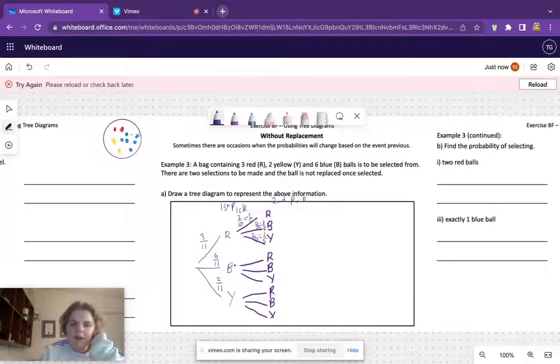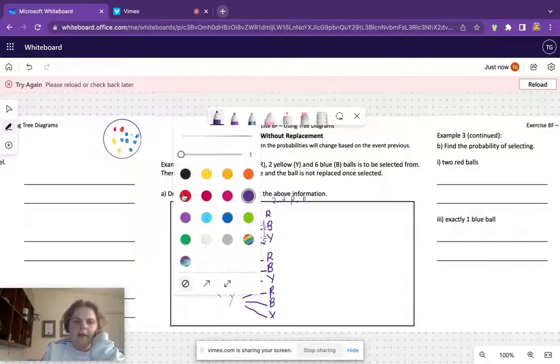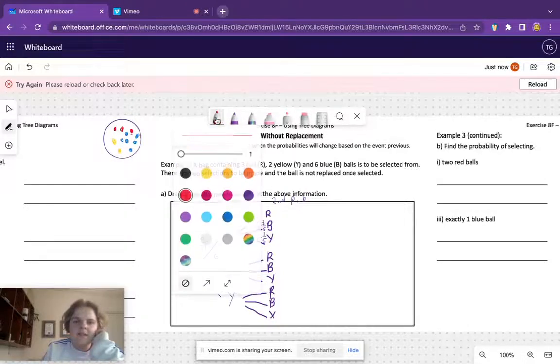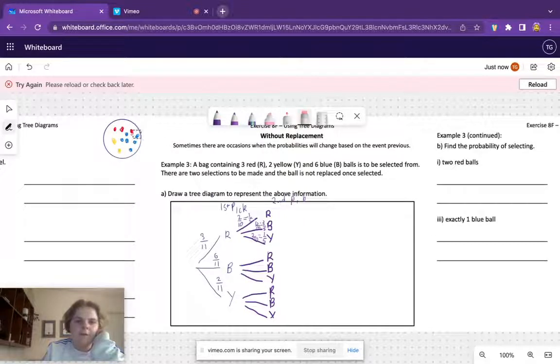Let's keep going. Now we'll go to our second branch. So we'll put that red one back in. And now what's happened is we have picked a blue one first. So we'll get rid of our blue marble.